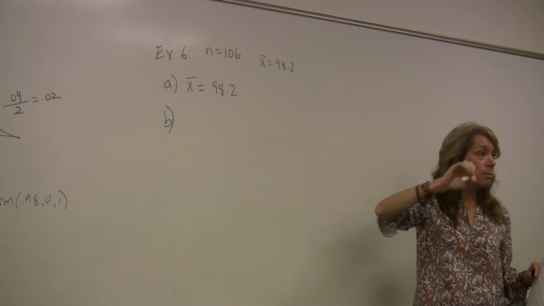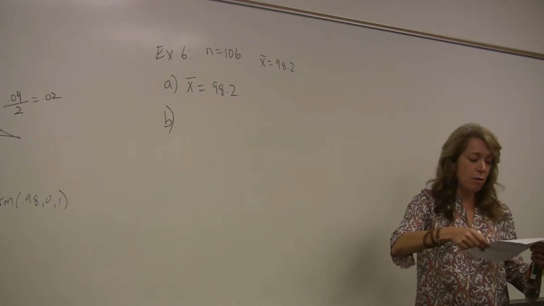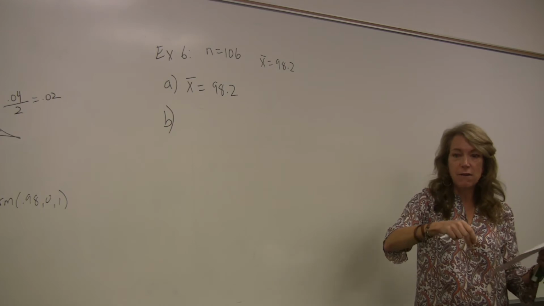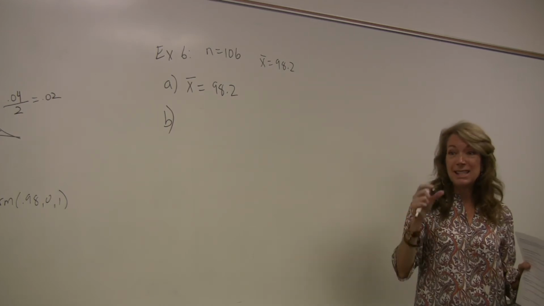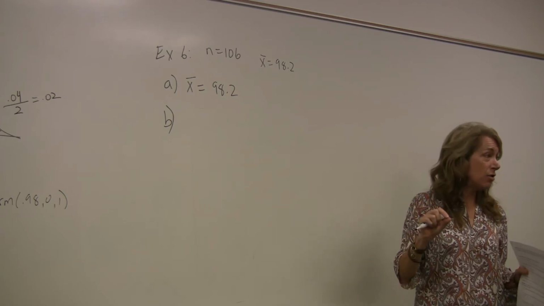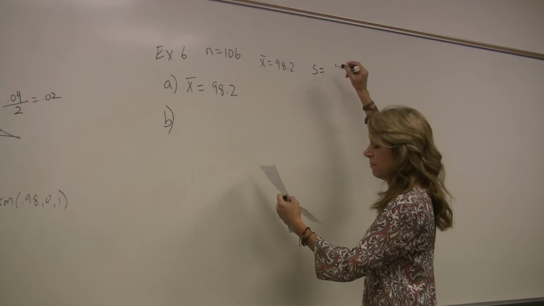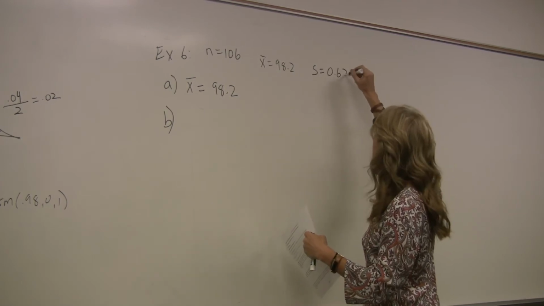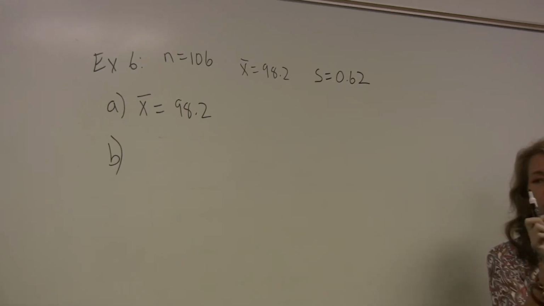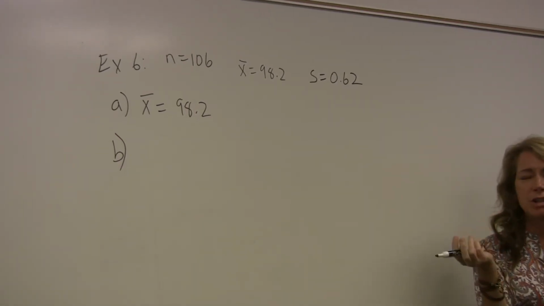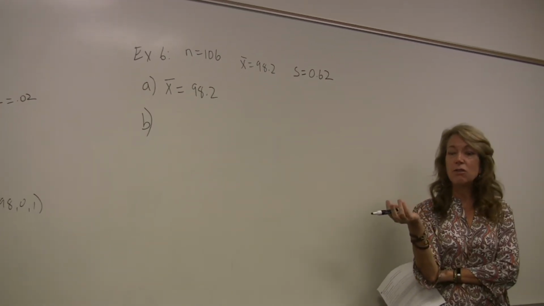That's the smallest little minute detail. It doesn't say that for all humans, the standard deviation is 0.62. That would have been a sigma. It says this sample had a standard deviation of 0.62. So they're giving you an S. The most important little crucial details, people always come up to me and say, Jill, but I have the standard deviation. You said if I know the standard deviation, I can use the Z interval.